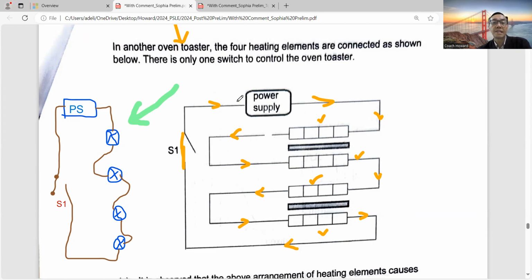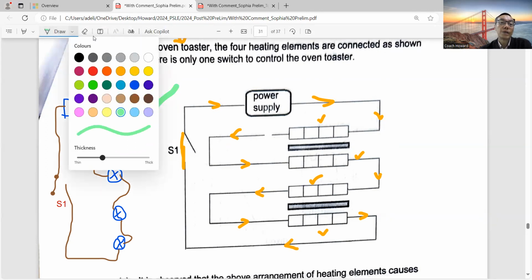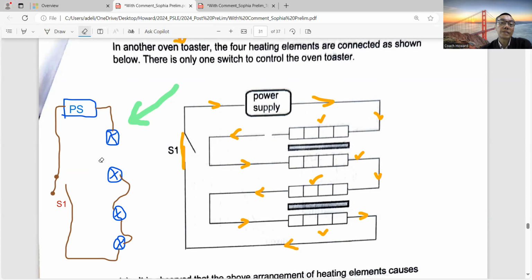So this is a PS, the power supply. You replace the heating element with the bulb, which is familiar. So this is a bulb. There are four bulbs representing the four heating elements. So you notice if I have a break somewhere, the whole circuit cannot work because they are connected in series, correct?